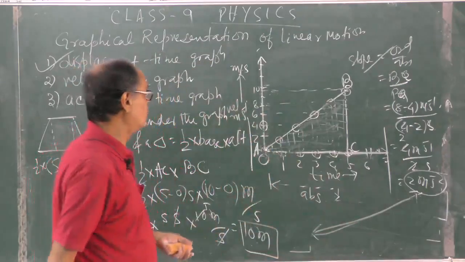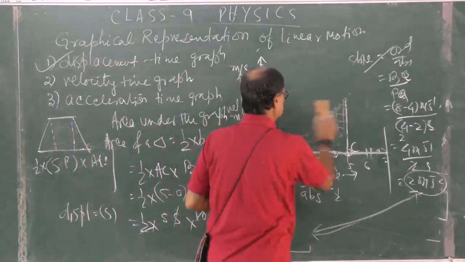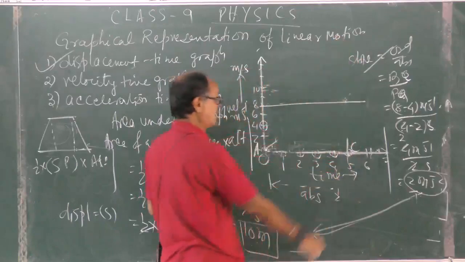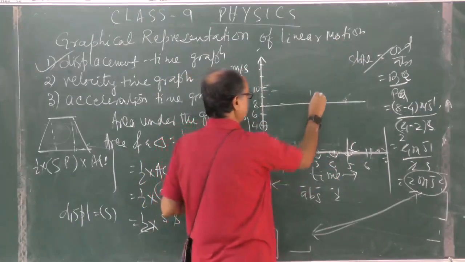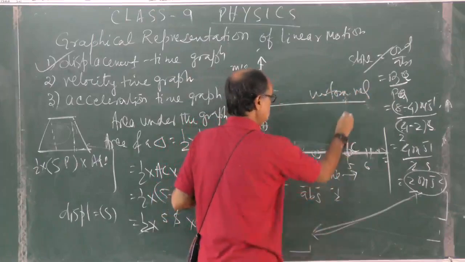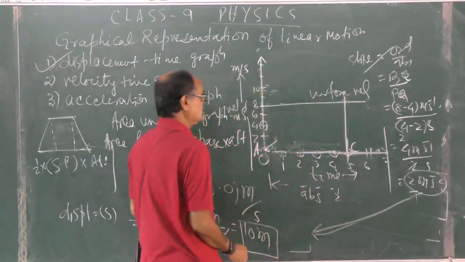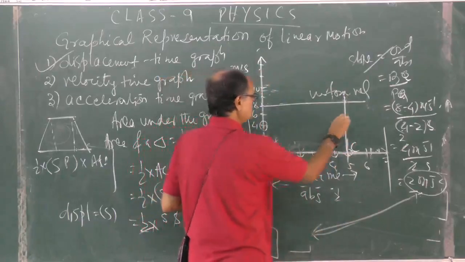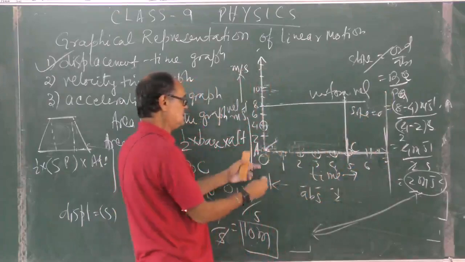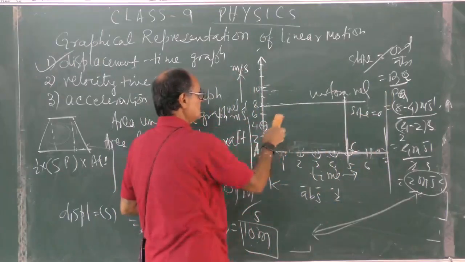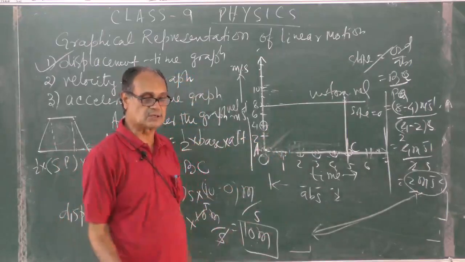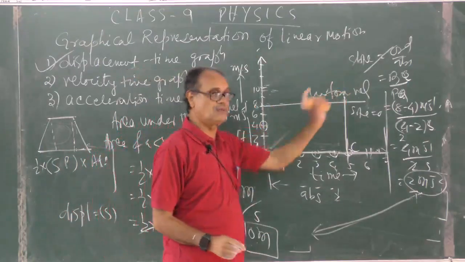In case the graph moves parallel to the time axis, it is uniform velocity. And for uniform velocity, what will be the slope? Slope will be 0 because the graph line is not touching the x-axis anywhere. So there is no acceleration. No acceleration stands for uniform velocity.